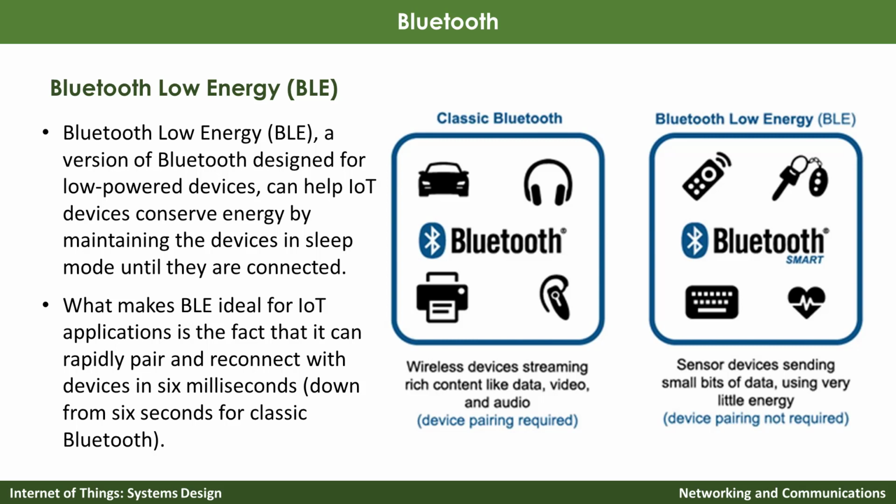As you can see in the image, with classic Bluetooth, we are looking at connecting with the car, headphones, earpieces, printers, those kinds of wireless devices used for streaming rich content like data, video, audio. These devices require pairing.